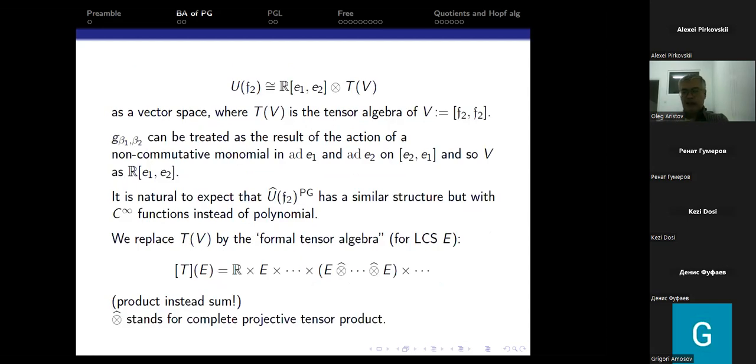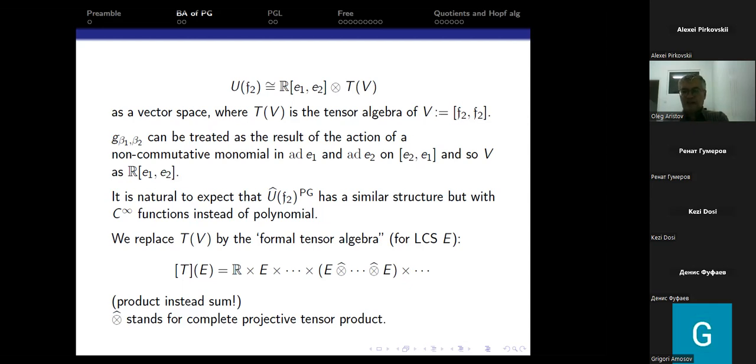And then we can write U of F2 as the tensor product of the commutative algebra in two generators and the tensor algebra of the space E, which is the commutant. These iterated commutators can be treated as a result of the action of a non-commutative monomial in ad e1 and ad e2 on the first commutator.